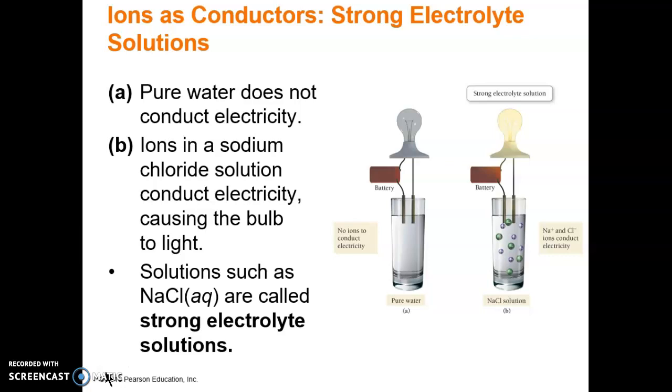Now, if that battery is hooked up to a light bulb, pure water is molecular, and so it does not dissociate into ions in the solution, so you would not expect your light bulb to light up. However, if you were to put some salt in that water, all of a sudden you would have a ton of ions in there, and now that water would be superconductive, making it a strong electrolyte because the current can readily flow through there and your light bulb would light up.